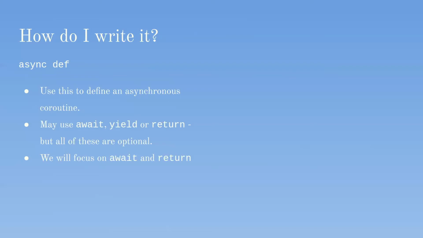We could do async def and define a function and then just pass or return nothing, and that would still be a valid asynchronous coroutine. It wouldn't do much, but it would still work. What yield does is it returns an asynchronous generator, which we're not going to cover that much in this presentation. We're just going to focus on the use of await and return for a more standard asynchronous coroutine.